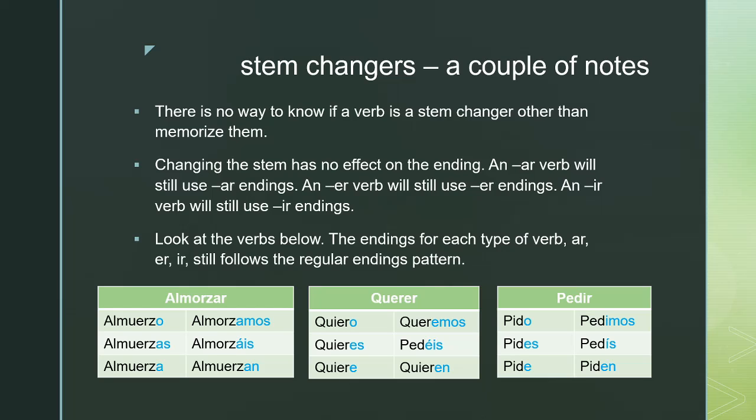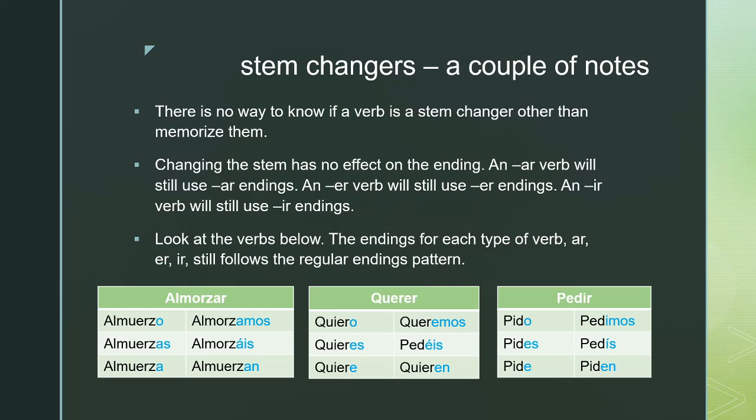So the fact that it's a stem changer has no effect on the ending. The only thing that has an effect on the ending in the present tense is whether it's the yo form, the tú form, the usted form. So who's the subject? You have to change the ending to match. But the stem change is determined by whether it's in the yo form, in the tú form, and so forth and so on.